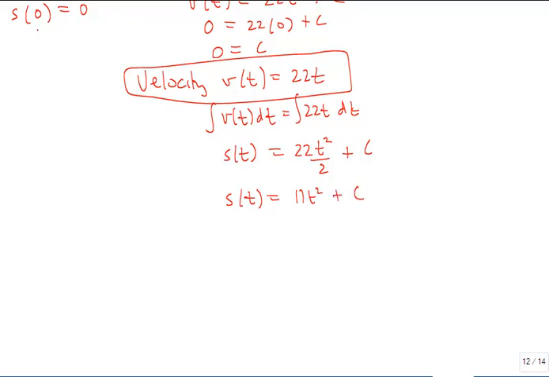And if I use my initial condition that the initial height was 0 because we were starting off the ground, then this is going to be 0 for position and 0 for time. So again, that c is going to be 0. So my position or height is s of t equals 11t squared.